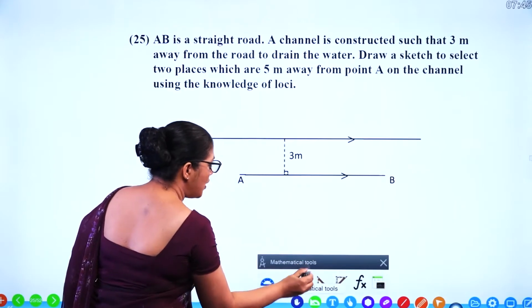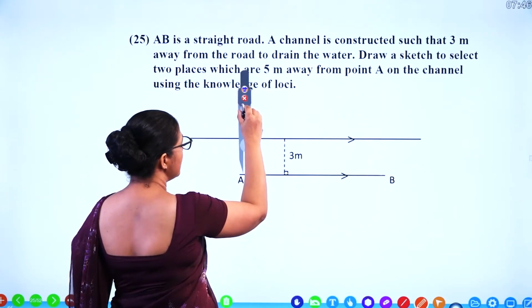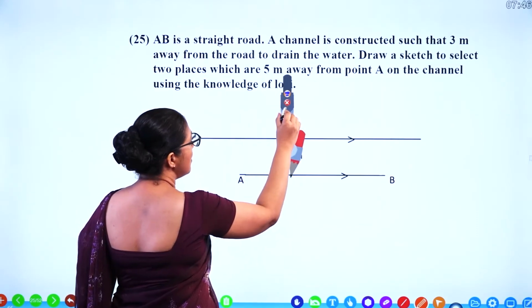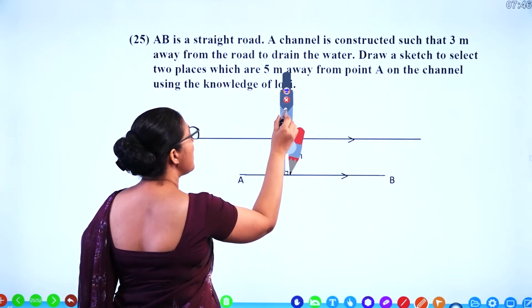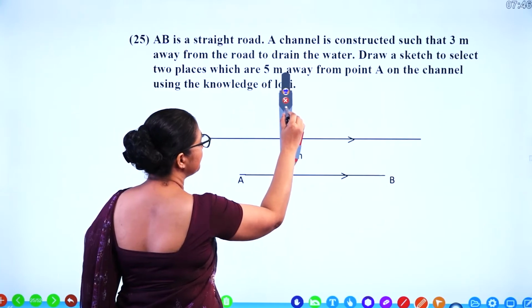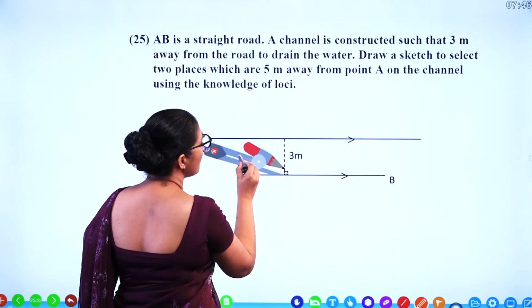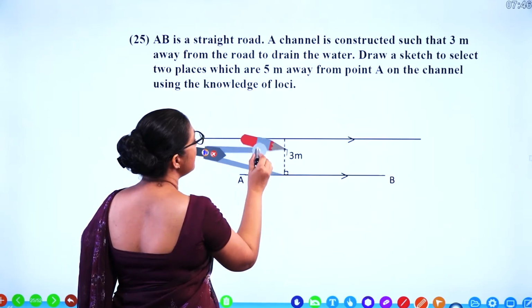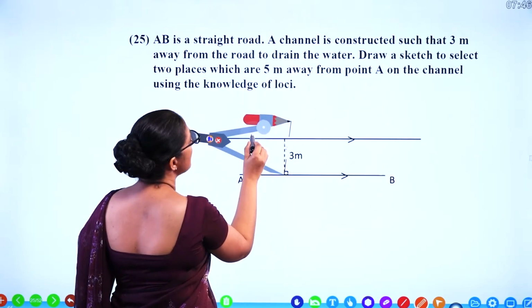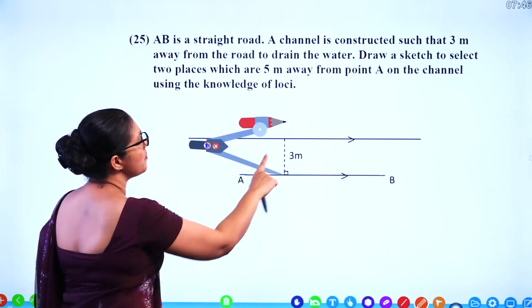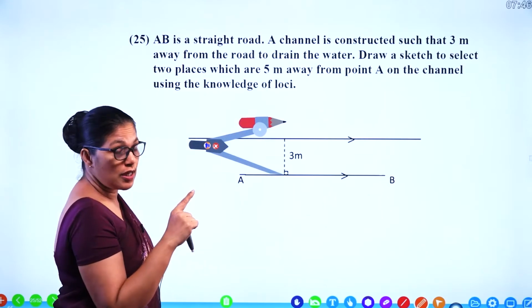So when you take 5 meters, this should be more than this now. So we'll take slightly more than this. Something like this is 5 meters, because 3 meters is this much.